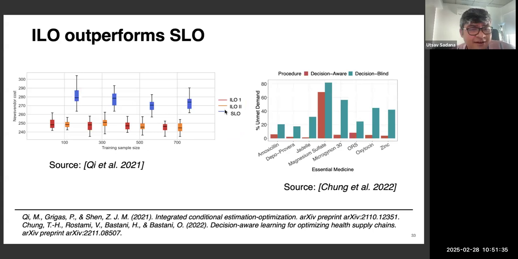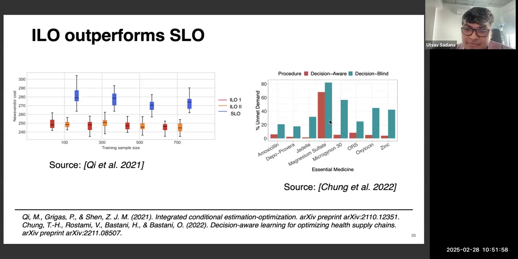So let me just wrap up by showing that these integrated models have performed well across different problems. For instance, you can see here that integrated models lead to lower cost in a news vendor problem. Another paper by Chung and others showed that you can minimize the unmet demand for medicines in a real world setting in Sierra Leone.